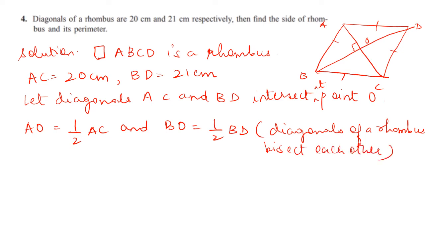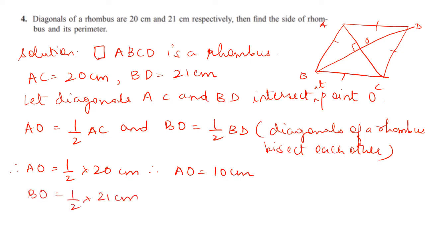Therefore AO is equal to half into 20 centimeters. That gives us AO is equal to 10 centimeters. Similarly, BO is equal to half into 21 centimeters. Therefore BO is equal to 10.5 centimeters. Now we can say that in triangle AOB, angle AOB is equal to 90 degrees.